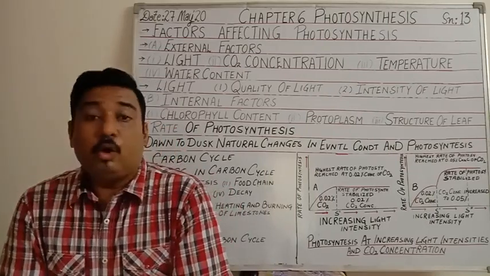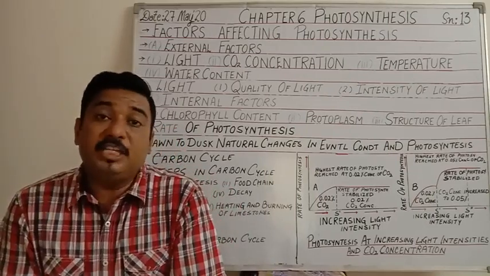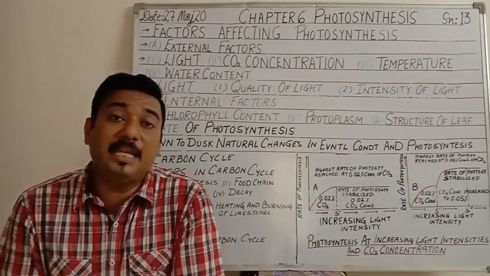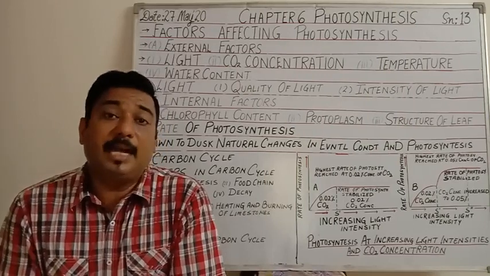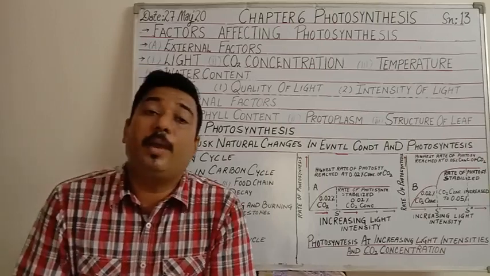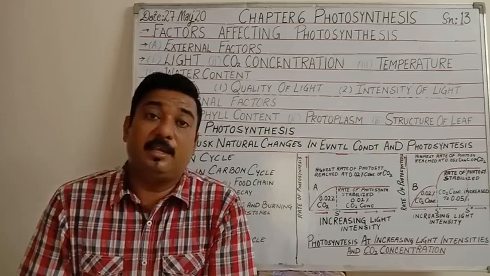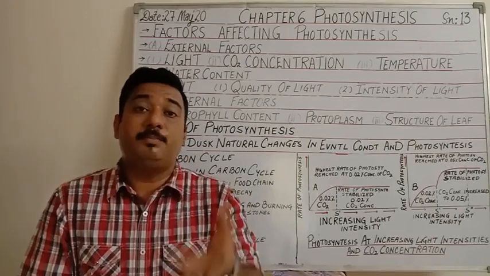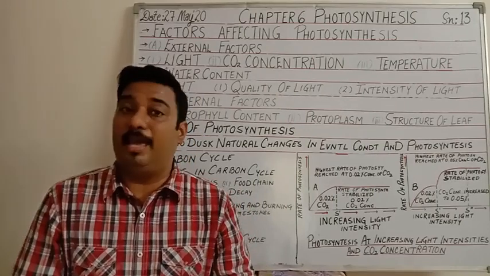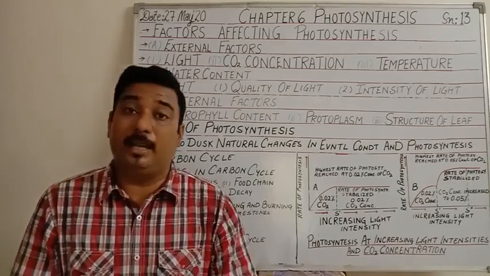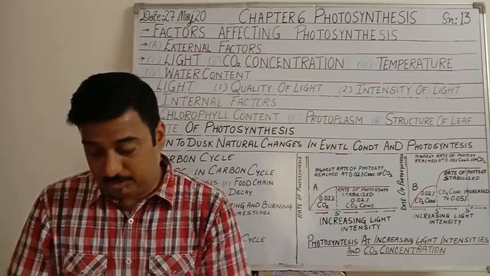All enzymes are proteinaceous, made up of protein, and protein gets denatured at a very high temperature. That is why when the temperature is very high, the photosynthetic activity gets affected, since the enzymes become denatured or inactive. They are unable to catalyze the photosynthetic reactions.